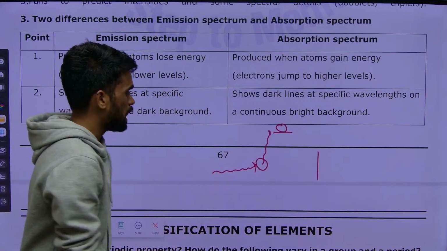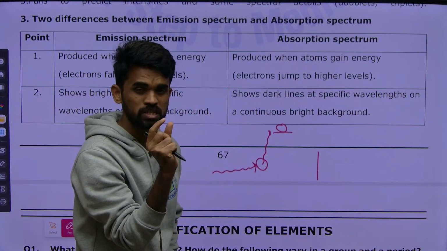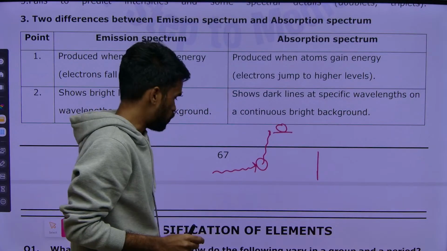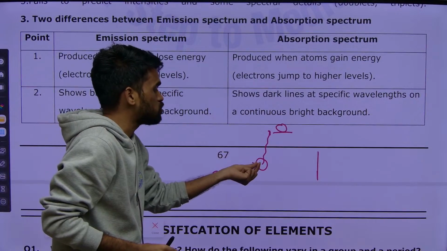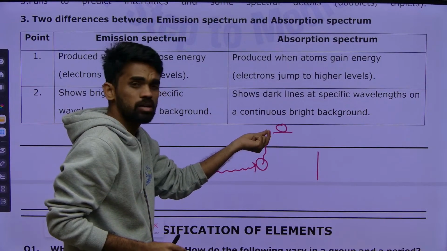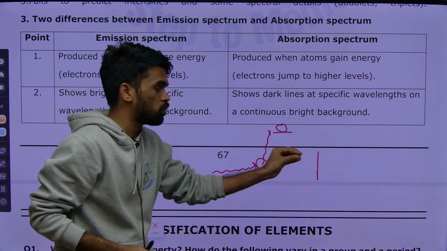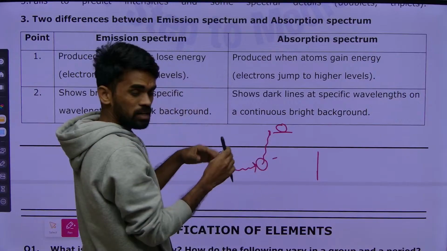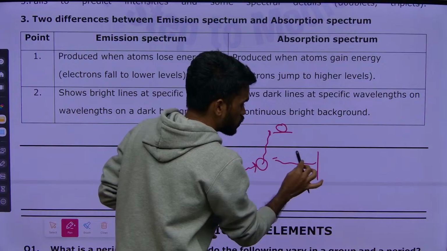Now see, every species requires a particular amount of energy for its excitation process. Now I have passed some light over here, only a specific amount of energy is absorbed and the remaining energy is not absorbed, that simply goes through like this. Whatever the remaining energy except the absorbed energy will fall onto this photographic plate.